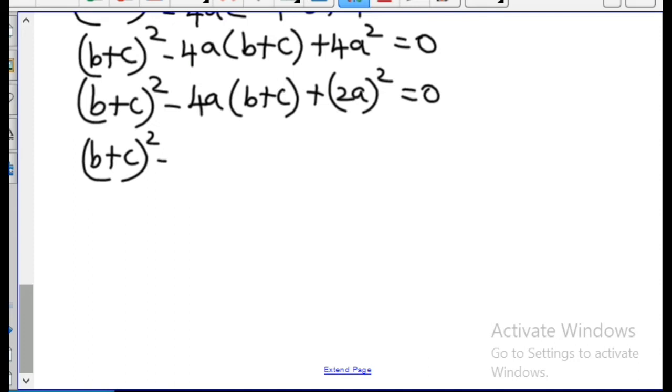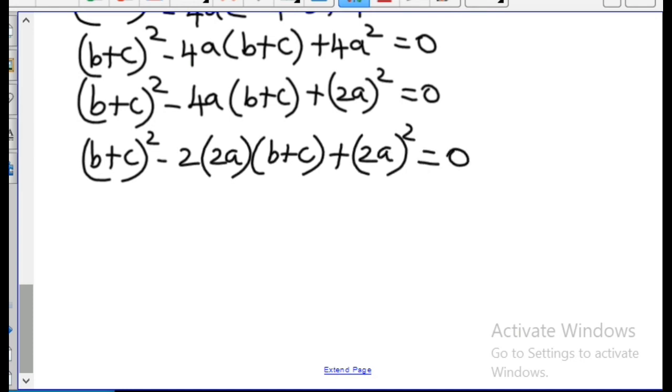So a square plus b square. Now we can write the combination of these two. Whether it is possible. So I split it as minus 2a into b plus c plus 2a whole square equal to 0. Now it is in the form b plus c whole square, 2a whole square.